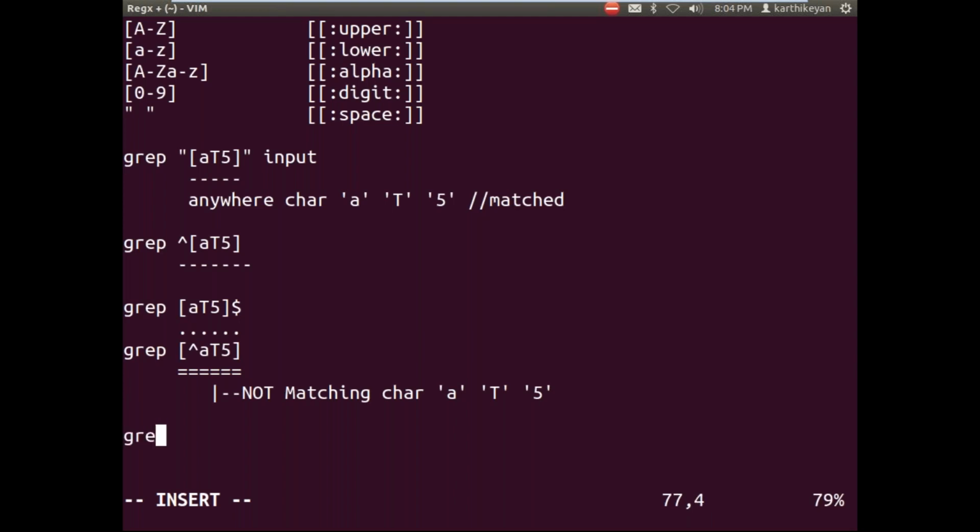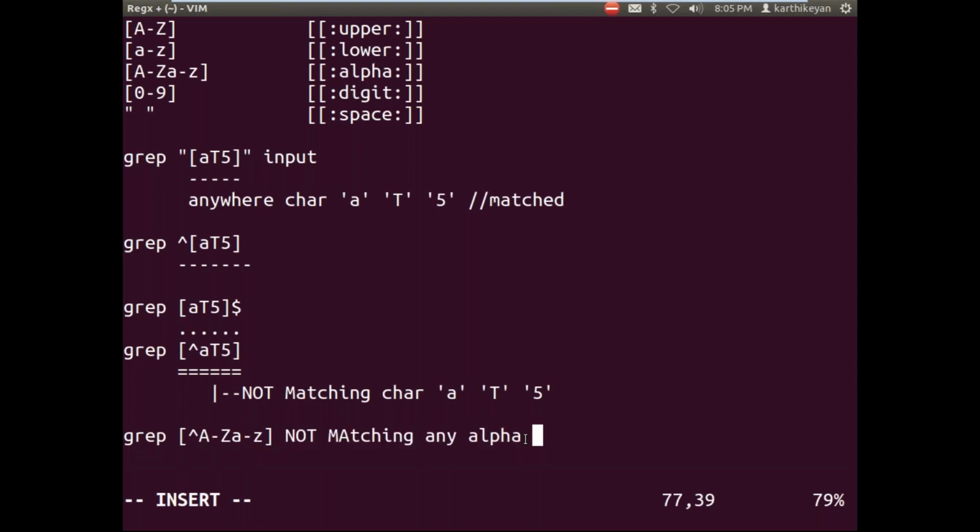If I write it like this, what does it mean? The anchor inside the square bracket means it's not matching any alpha. So the grep pattern is not matching any alpha.